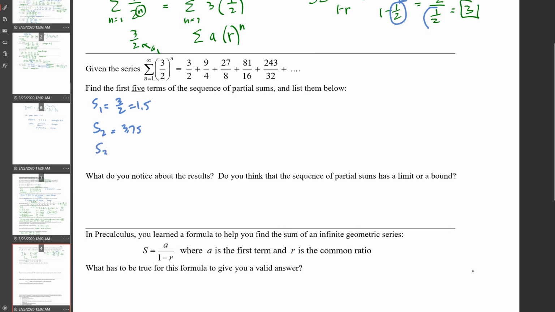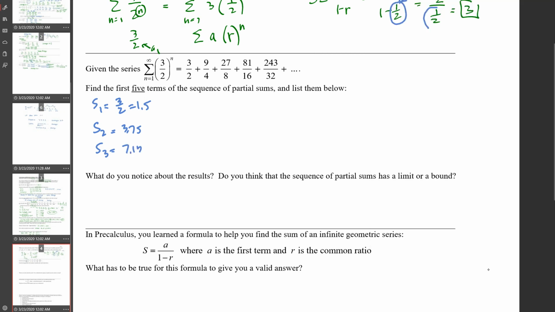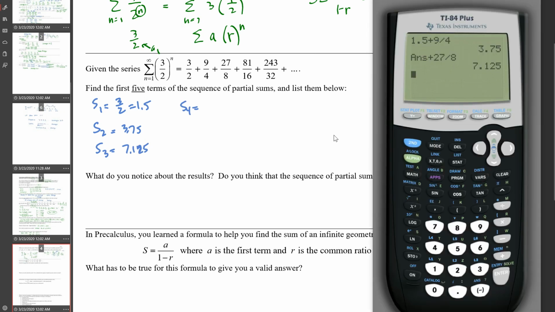If I do S3, I'm going to add the first 3 terms together, so I'm going to take this number and add it with 27 divided by 8. I get 7.125. If I do S4, I'm going to add this number with 81 divided by 16.